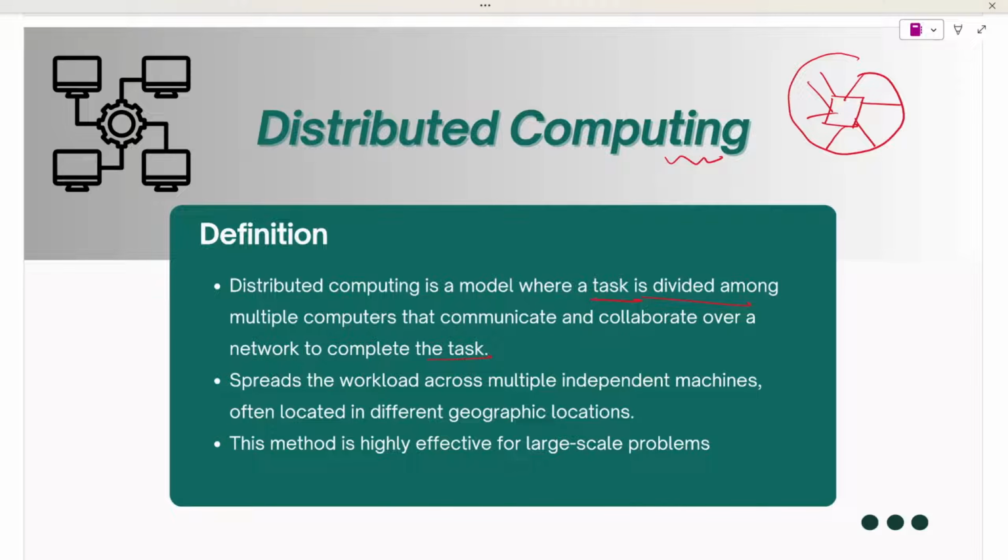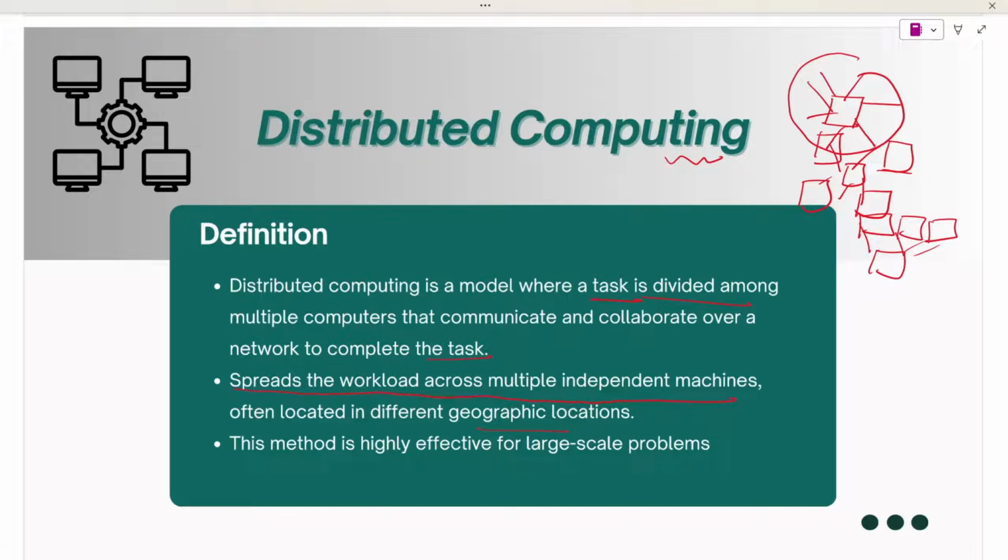Unlike parallel computing, which typically involves multiple processors within a single machine, distributed computing spreads the workload across multiple independent machines, often located in different geographical locations. So, in parallel computing, the single task was given separately to multiple processors in the same machine, but in distributed computing, a single task is distributed among multiple independent computers.